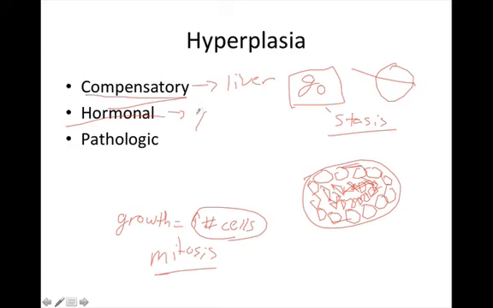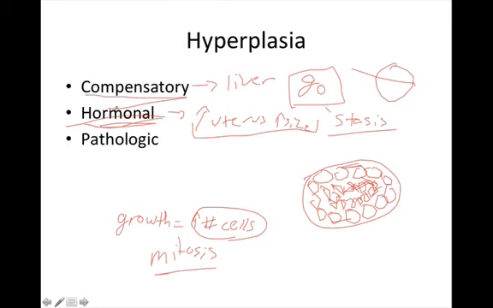So basically, a massive increase in the amount of estrogen during pregnancy is going to cause the uterus to increase in size. And it's going to be a combination, actually, of both hyperplasia and hypertrophy. The cells will enlarge, and the number of cells that make up the uterus are going to increase as well. So under hormonal conditions, tissues can increase in size, and that's a normal adjustment.